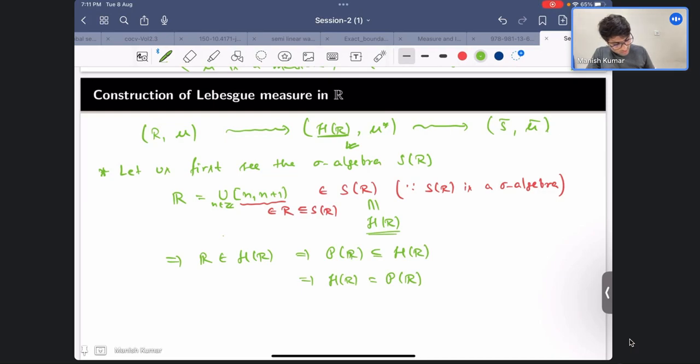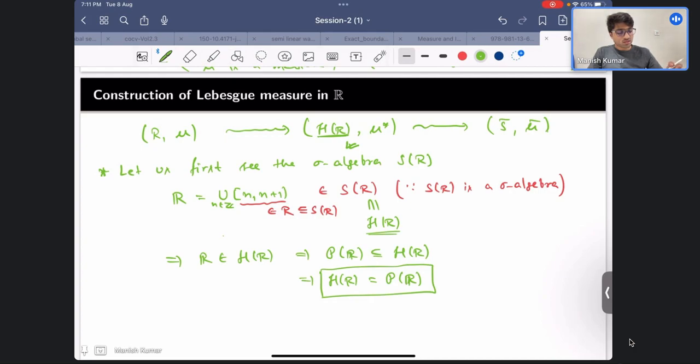Okay, so this R is the ring R, what I defined, and this R is the set of real numbers. So this is my H of R, all the subsets of real numbers. We can define mu star, the outer measure.